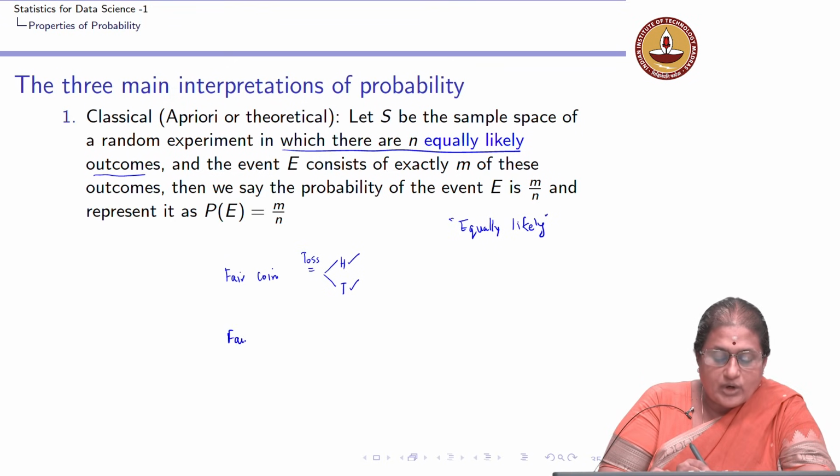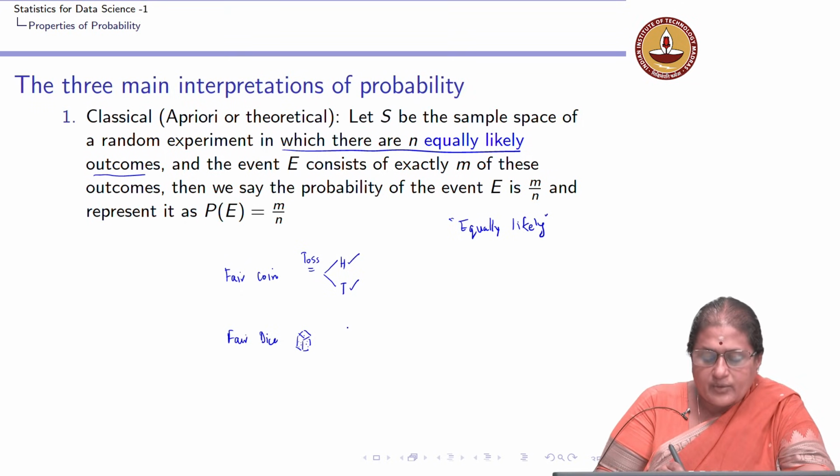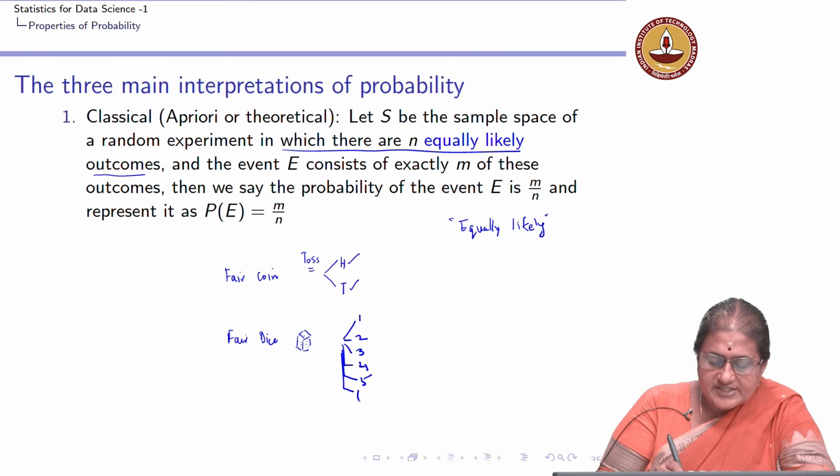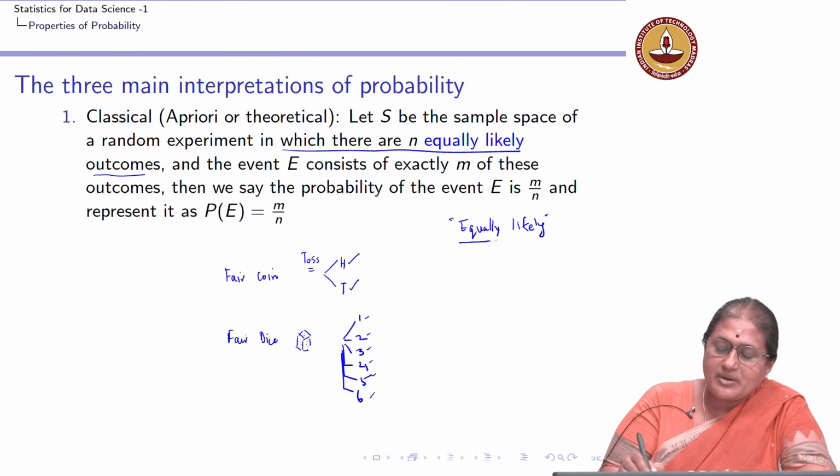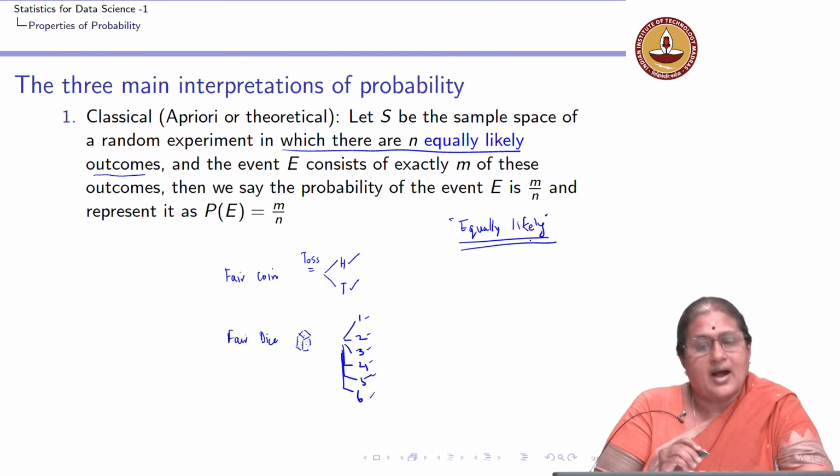Similarly, if I roll a fair die, a 6-sided die, which we use to play, I would expect any one of these outcomes, namely 1, 2, 3, 4, 5 and 6, to appear equally likely. So the chance of me getting any one of these outcomes is the same. That is what I mean by equally likely outcomes.